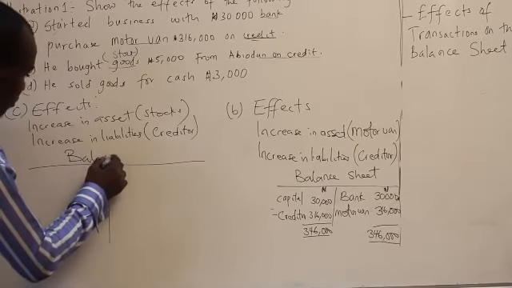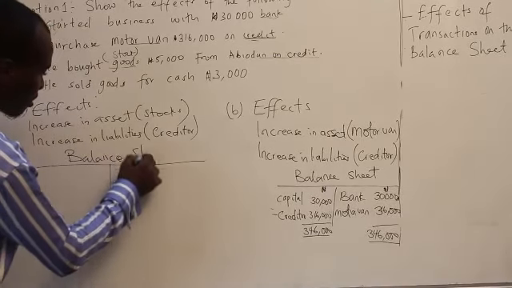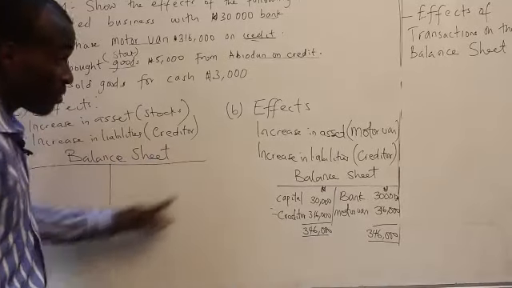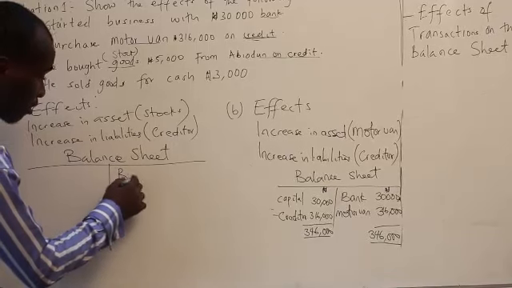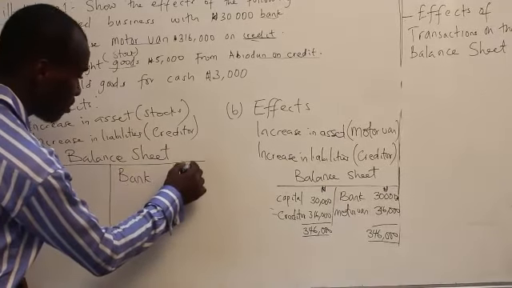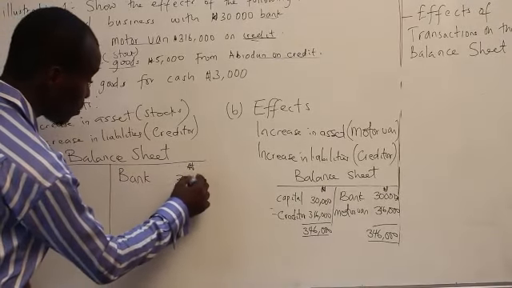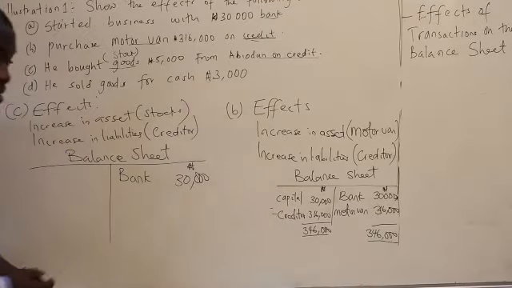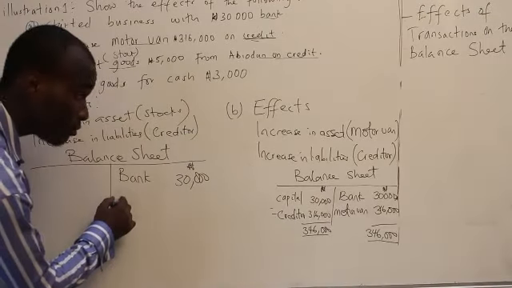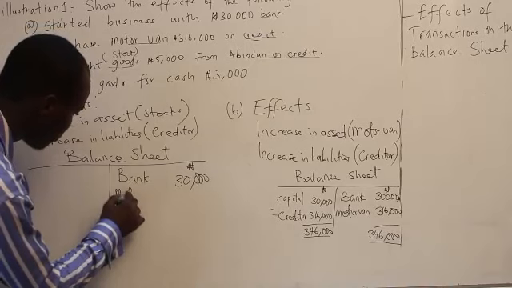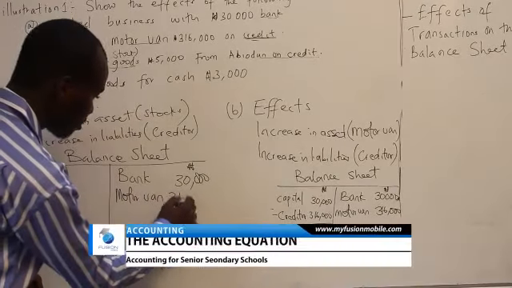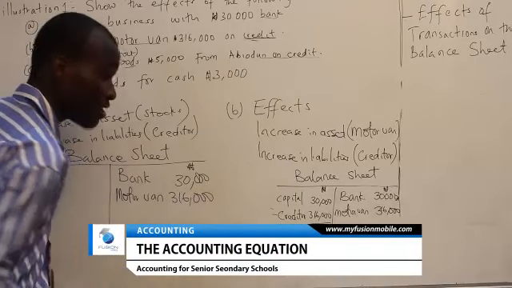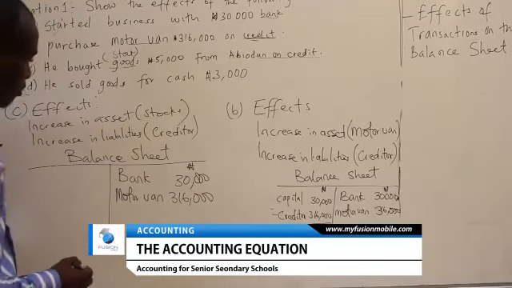We have the balance sheet. Previously in B, we have bank as the assets, property of the business with the bank. So we have motor van, which also serves as the resource of the business that will be used in generating revenue.